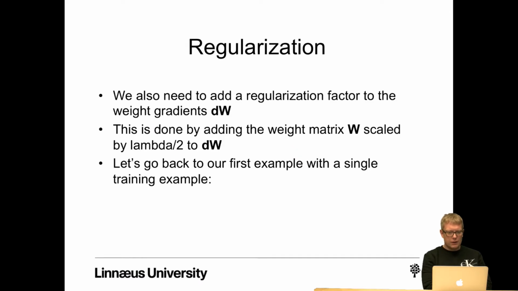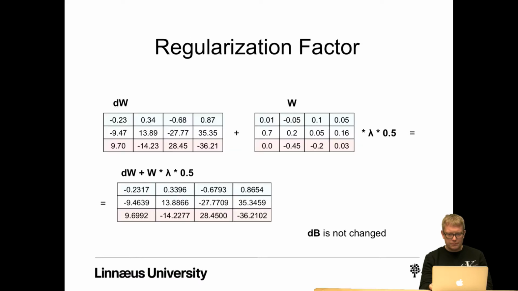We also need to add a regularization factor to the weight gradients dW, and this is done by adding the weight matrix W scaled by the regularization strength lambda divided by 2. So let's go back to our first example with a single training example.